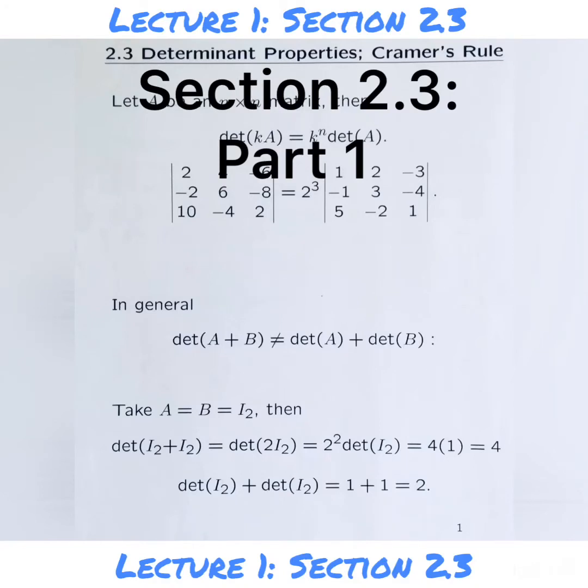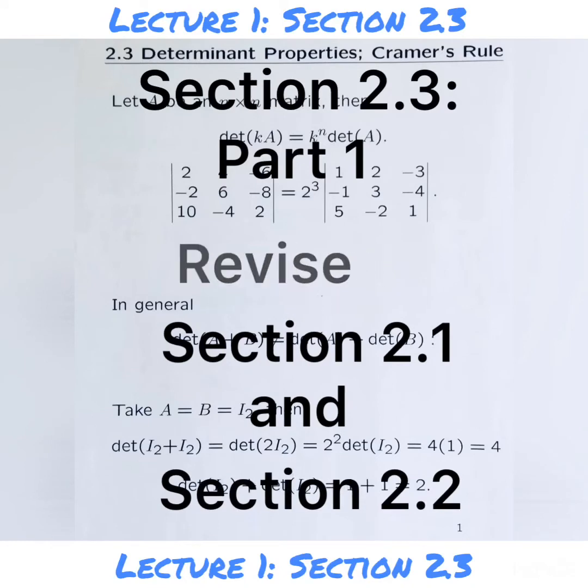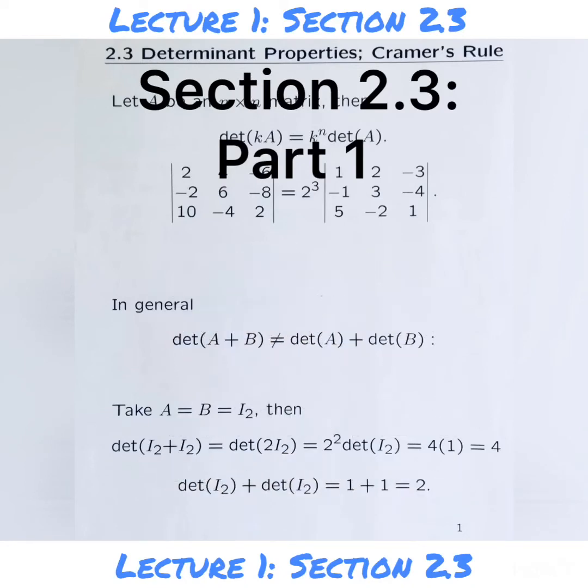So for those of you that remember, Section 2.3 dealt mainly with properties of the determinant and Cramer's rule. I want you to go and revise Section 2.1 and 2.2 on your own, and I will try and have a tutorial lesson, a recorded lesson, on Chapter 2 once we've done with this section.